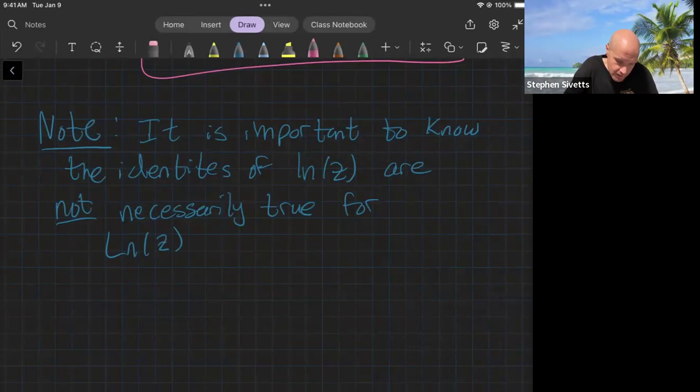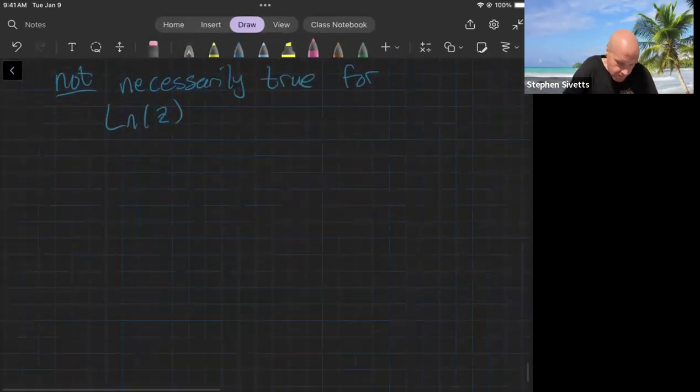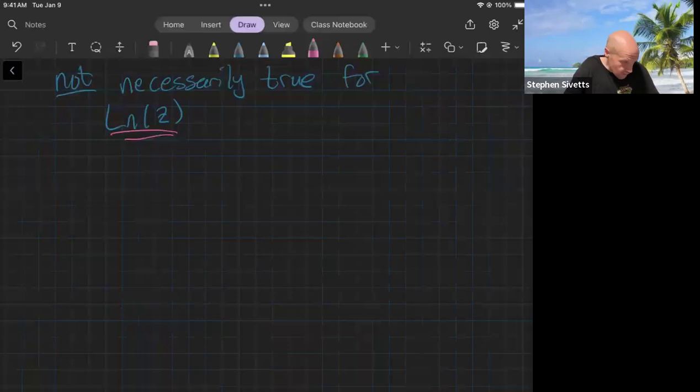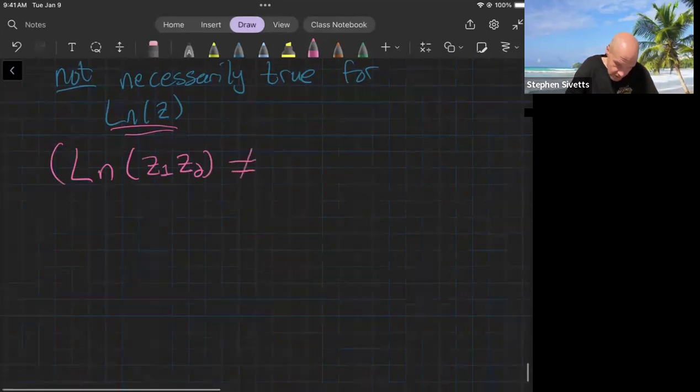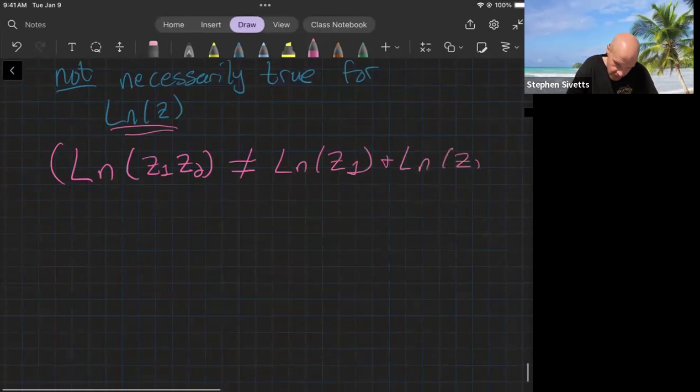So you're going to have different properties of logarithms that are true for lowercase ln of z, but they are not necessarily true for capital Ln of z. So as an example, it's not necessarily true that capital natural log of z1 times z2 equals capital natural log of z1 plus capital natural log of z2.